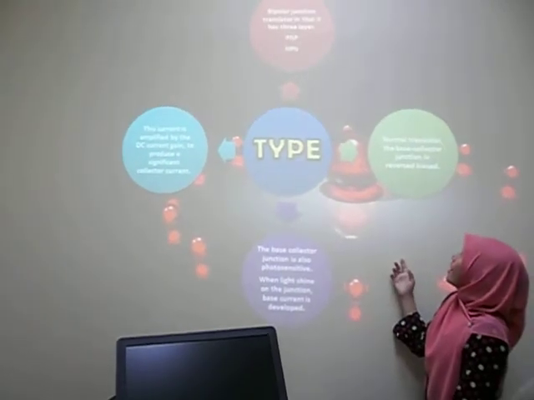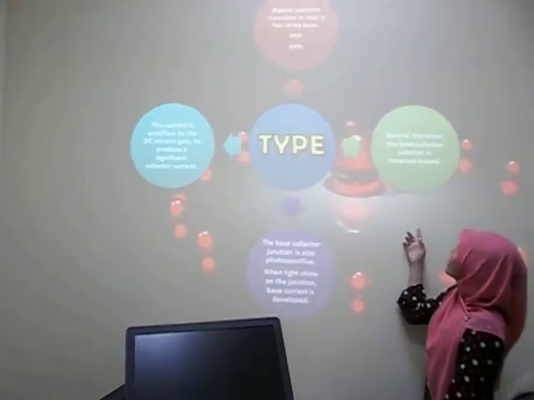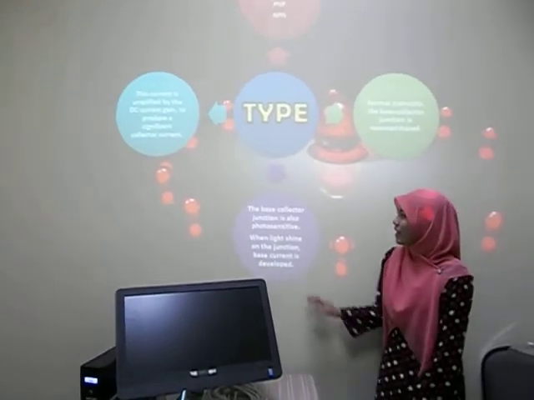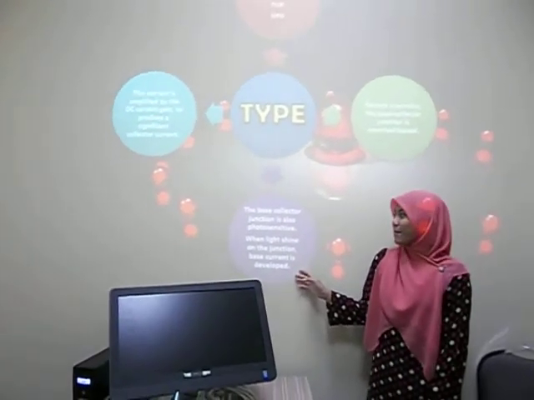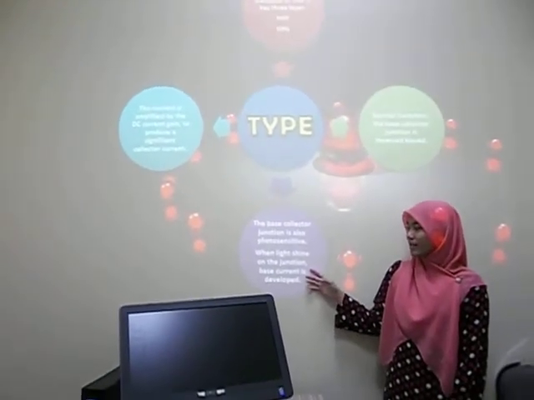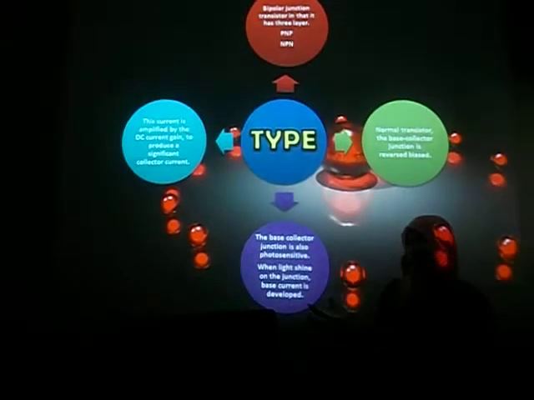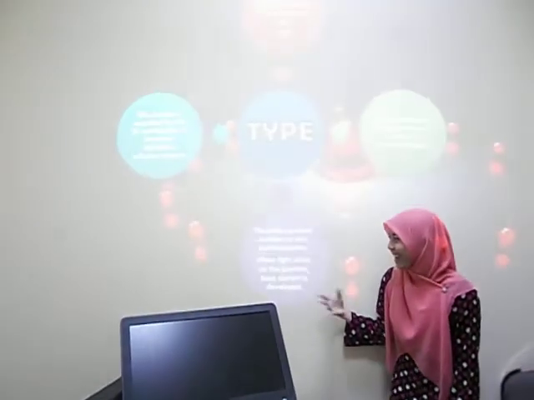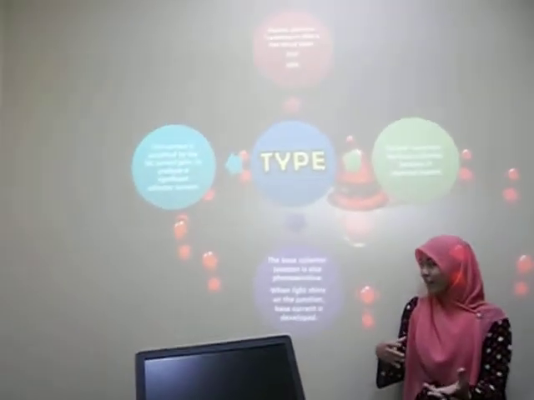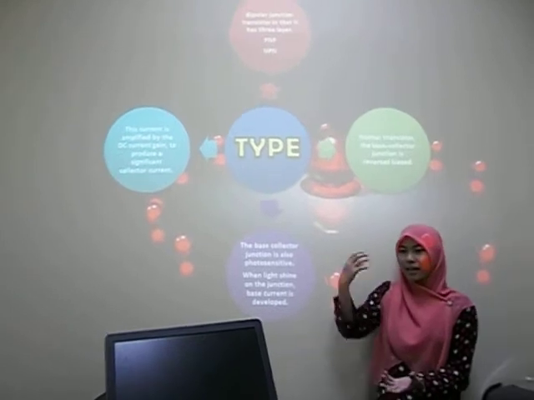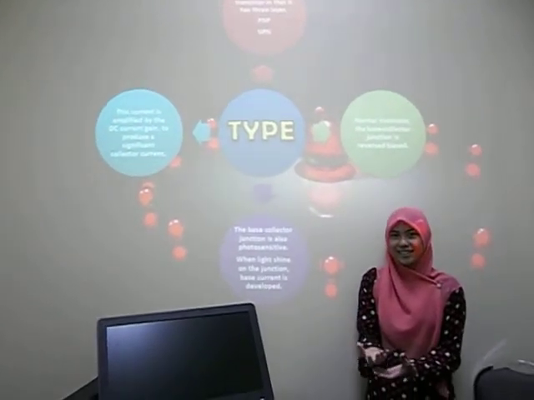The other type is the normal transistor, where the base collector junction is reverse biased. And lastly, the base collector junction is also photosensitive. When light shines on the junction at the base, the current will develop. Understand?